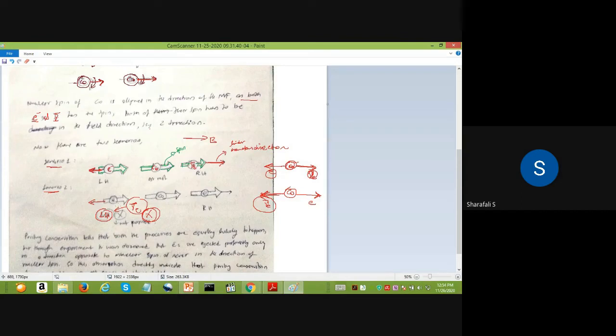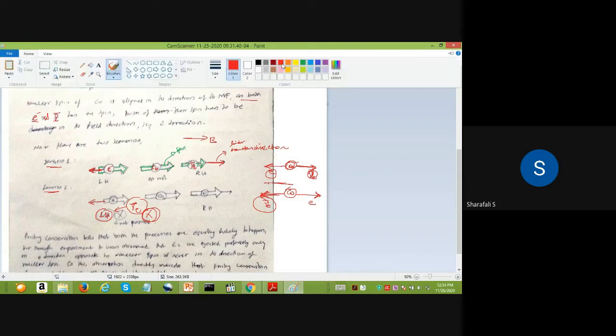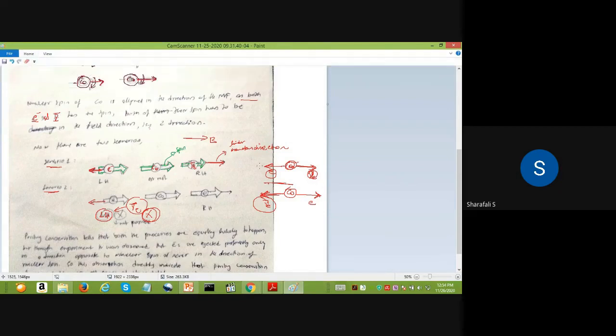So when they did this experiment, they always observed that the electron comes in one direction and the neutrino comes in the other direction. There is no other way. Only scenario one took place. The second scenario never happened. So when the cobalt decays, the electron moves only in this direction, and the electron never goes in this direction.